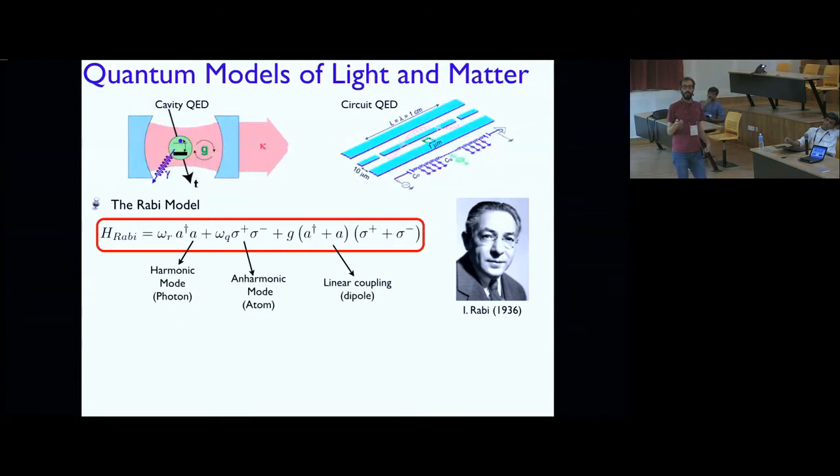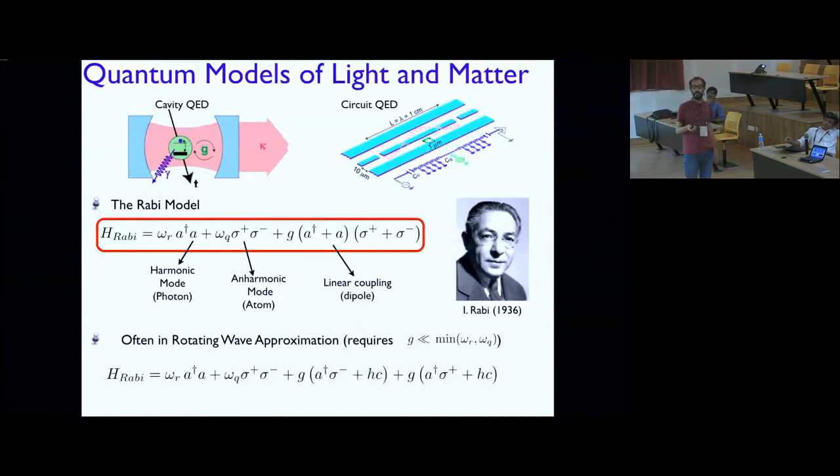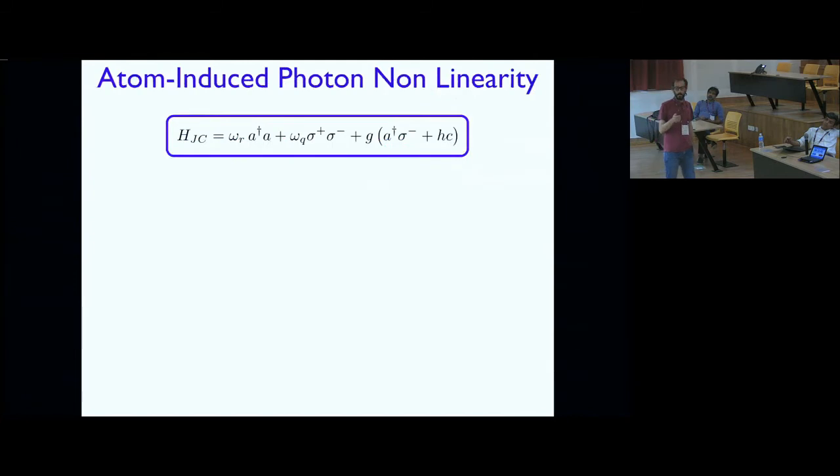The physical origin of this coupling is just dipole coupling between the electric field and the dipole moment of the atom. You might have seen this model often in the so-called rotating wave approximation, in which you essentially rewrite this light matter coupling in these two ways, where there are terms which conserve excitation and terms which do not conserve excitation, and you trash those away. And this is the so-called Jaynes-Cummings Hamiltonian.